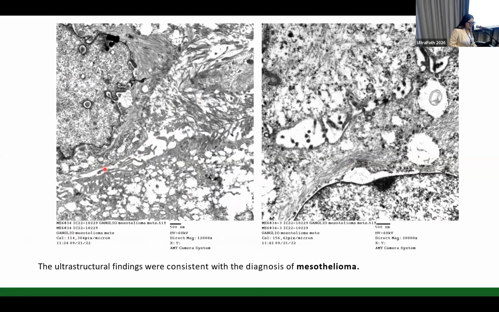In this large cell, we can observe at the cell surface large, densely packed microvilli in direct contact with collagen fibers, and maybe these findings were consistent with a mesothelioma.